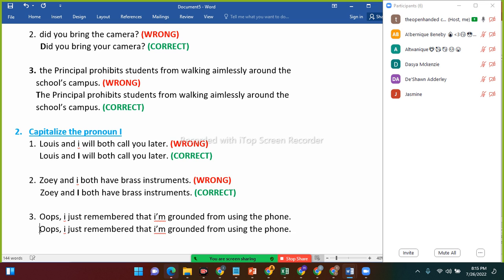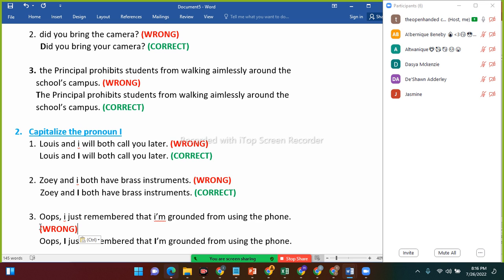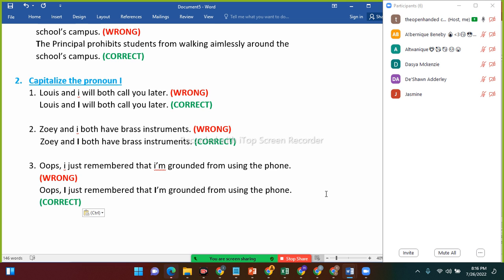I just remembered that I, capital I, I'm grounded from using the phone. So this one is wrong, and the top one and the last one is right. So you want to capitalize the pronoun I. Good.